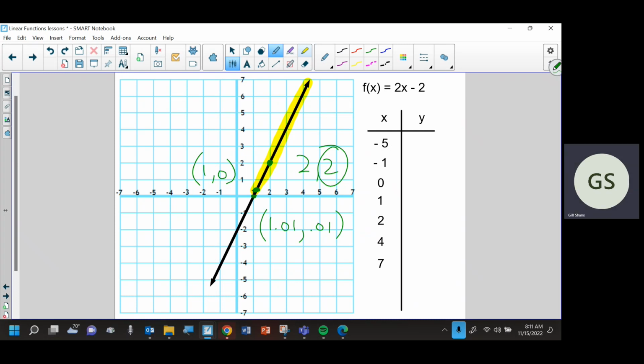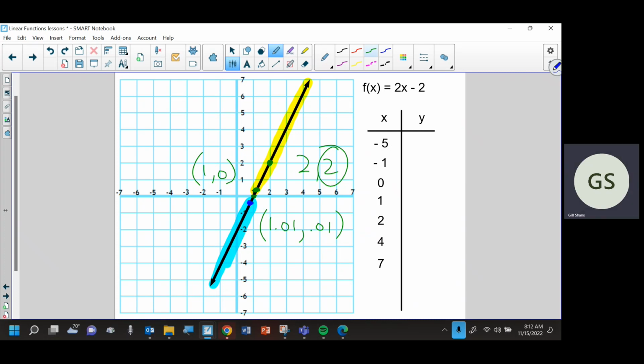And then if I wanted the negative values, it would be every point below the x-axis. Any point that I pick on the graph down here, the y value is negative. So let's say I pick that one. Jocelyn, what's the x and y for that? Just approximately, you have to guess.